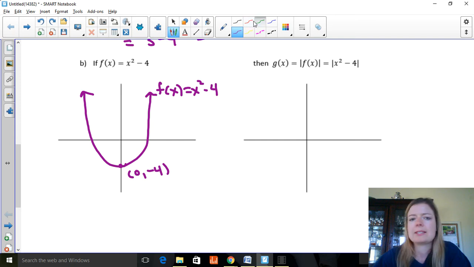So notice that from here over, all the points are positive already. And from here over, all the points are positive already. Okay, so that will still look the same.